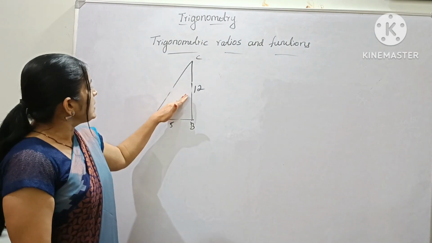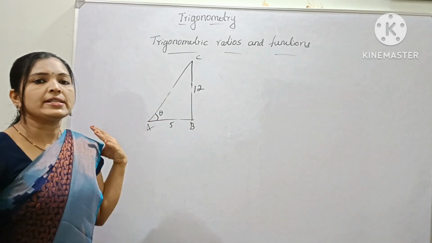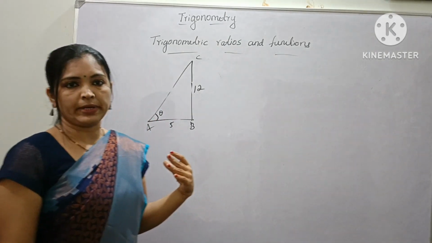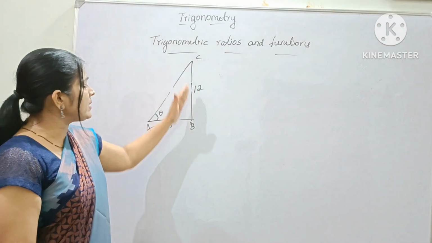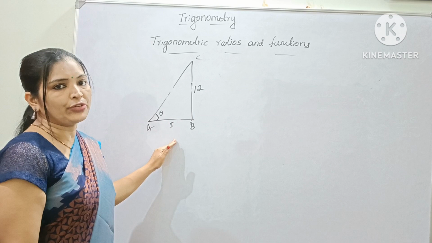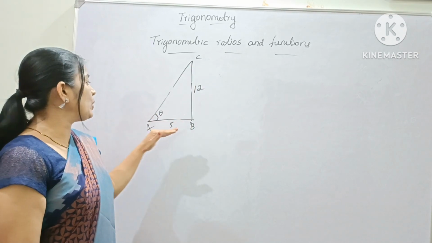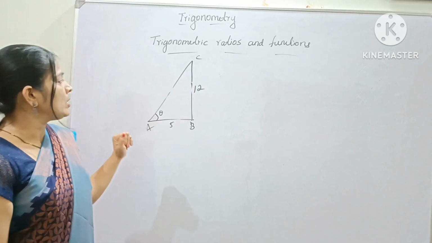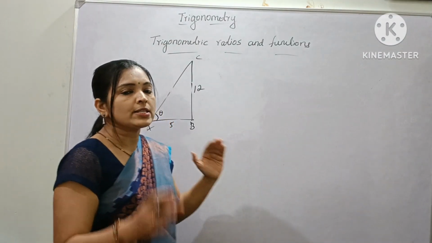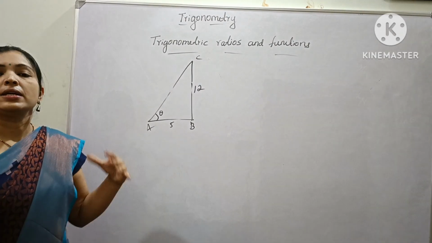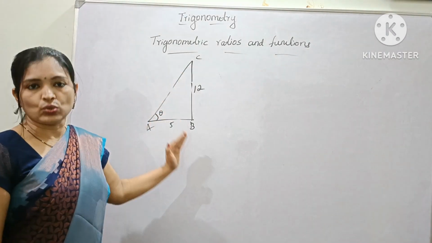Any idea? We have already studied the Pythagoras theorem of a right angle triangle. In this right angle triangle, two sides are given, perpendicular and base. By the Pythagoras theorem, the square of the hypotenuse is the sum of the squares of the other two sides.